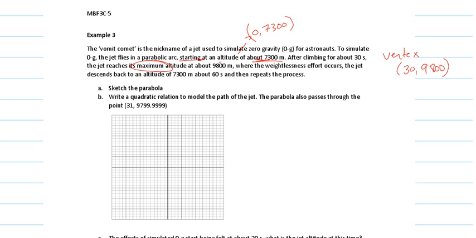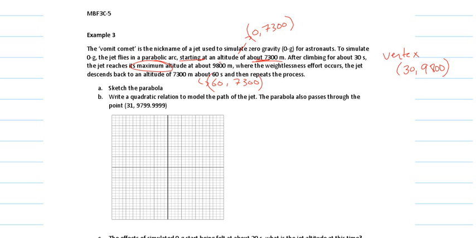Then it says where the weightless effort occurs, and then the jet descends back to an altitude of 7,300 meters, about 60 seconds, and then repeats the process. So what's my third? (60, 7,300). And do you guys understand that this is symmetrical to this?